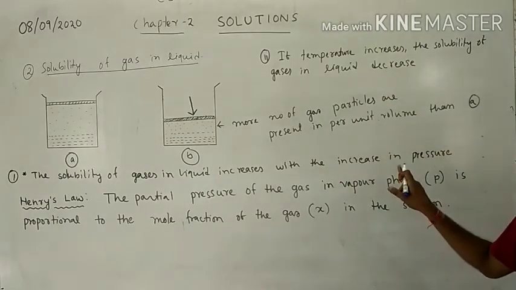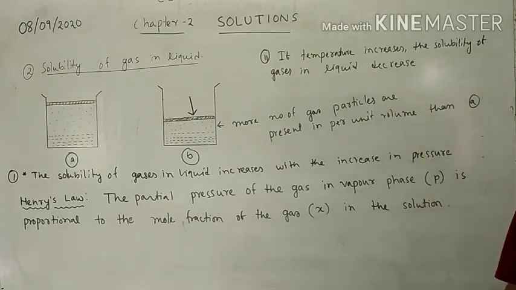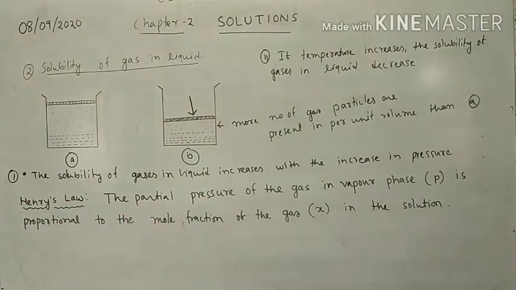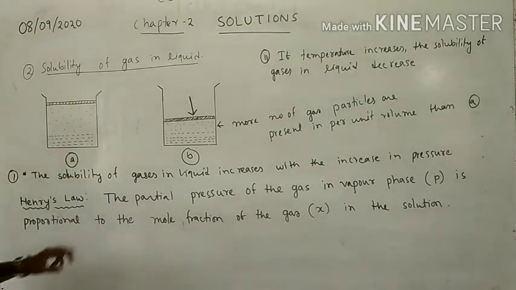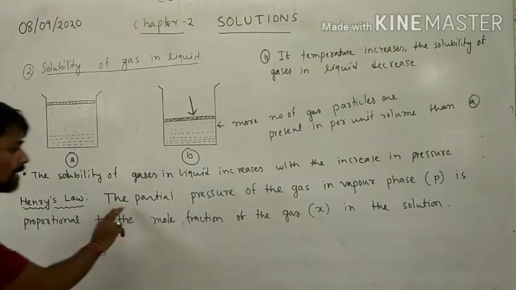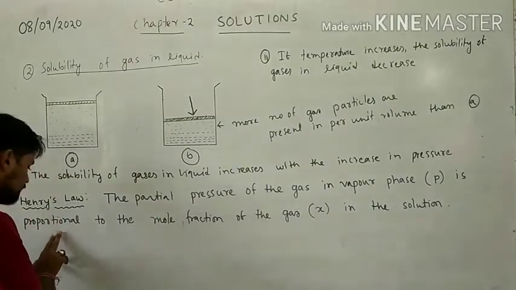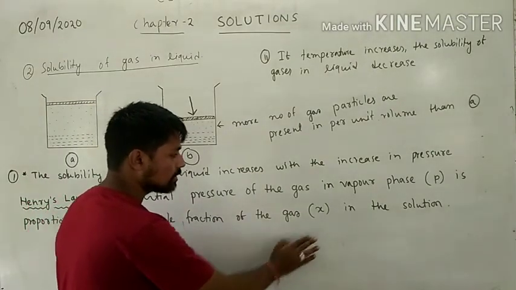So it is proportional to pressure and inversely proportional to temperature. So a scientist called Henry gave a conclusion by saying that the partial pressure of a gas at the vapor phase is proportional to the mole fraction of the gas in the solution.